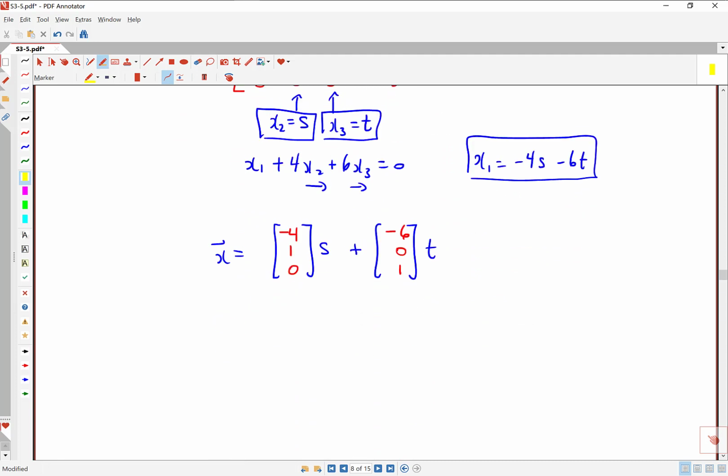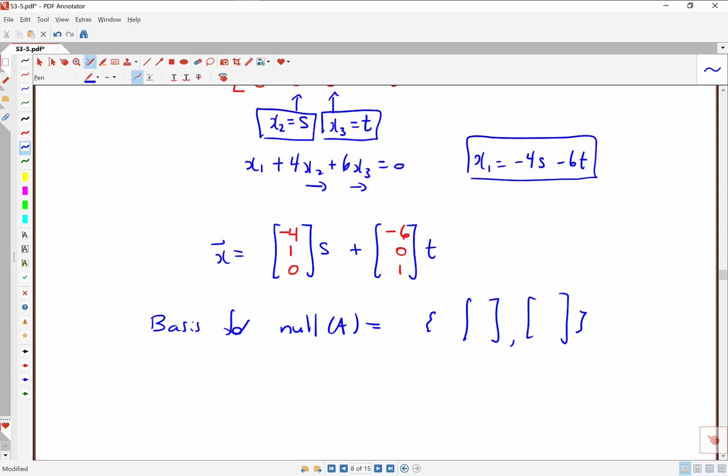So this is how we write down a basis for the null space of A. We just grab the vectors that appear in that vector form. In this case, there will be two basis vectors, (-4, 1, 0) and (-6, 0, 1).